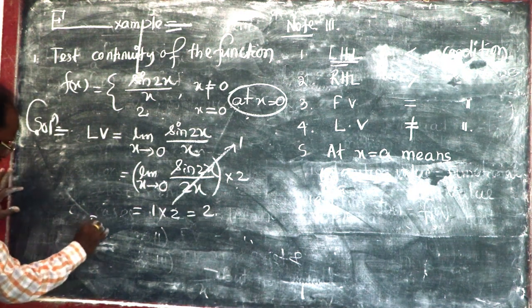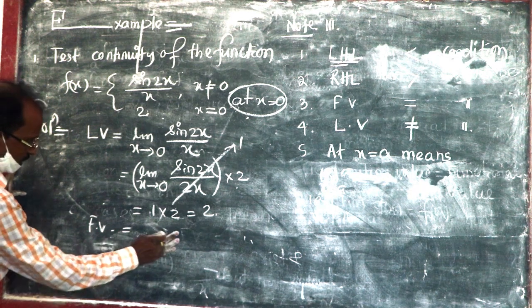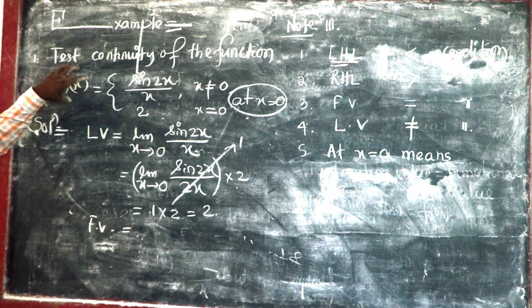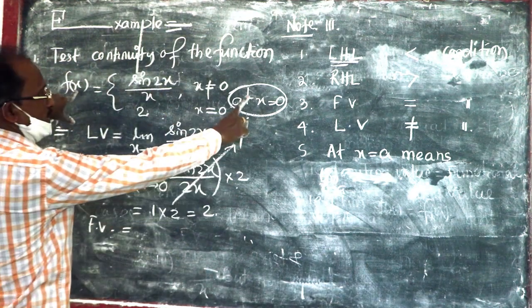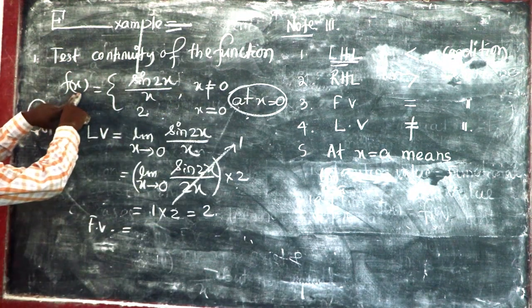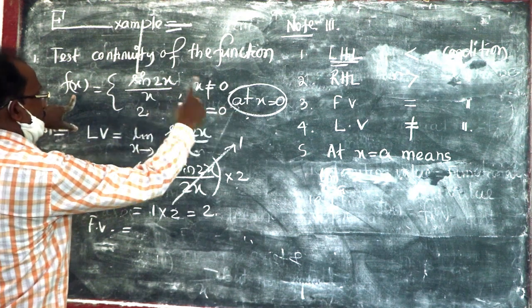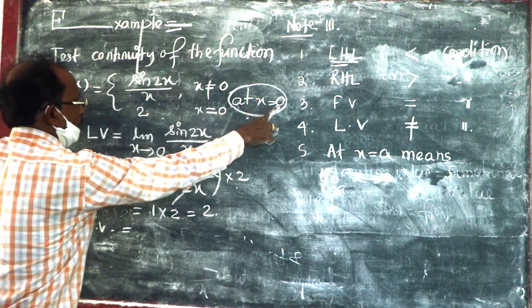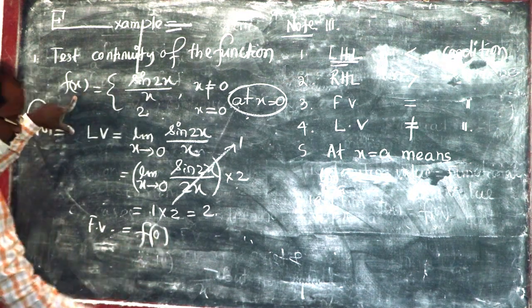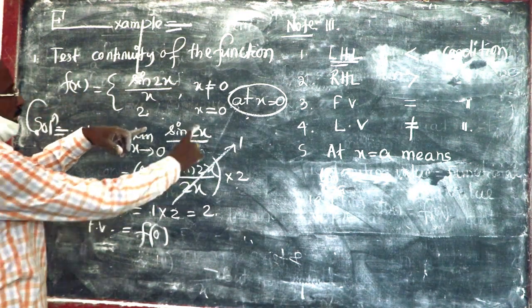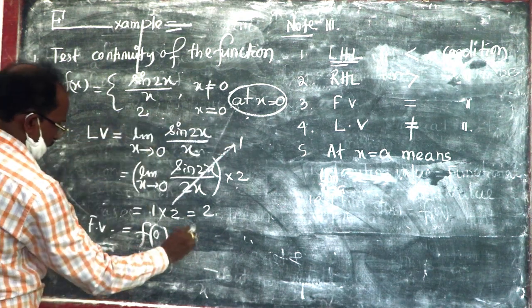Then we shall find the functional value. What is the functional value? The function is f(x) and the limit is 0. Putting this limit in this function, we get the functional value. So putting x is equal to 0 in the function, that is f(0). When x is equal to 0, the value given is 2.